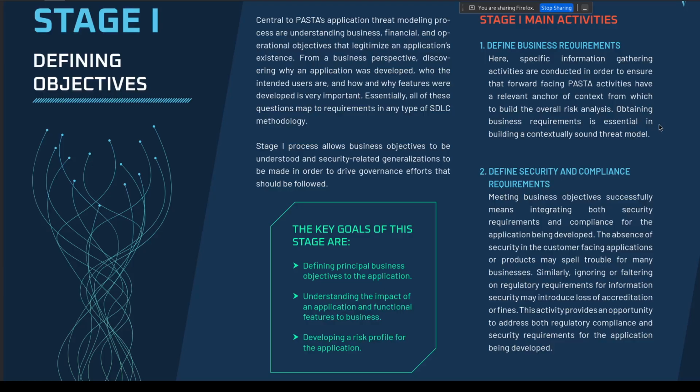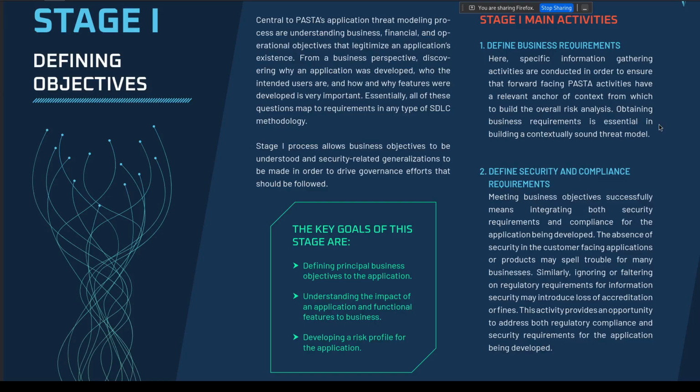What I mean by security business requirement is that some application might not have confidential information, but there might be an API which needs to be available 24/7. Since it does not have any confidential data, availability is the main security business requirement of that application.